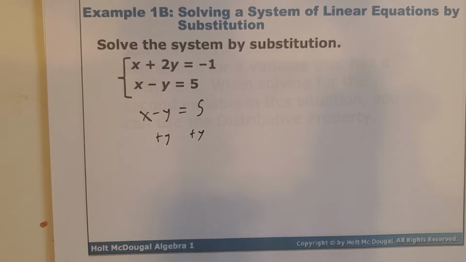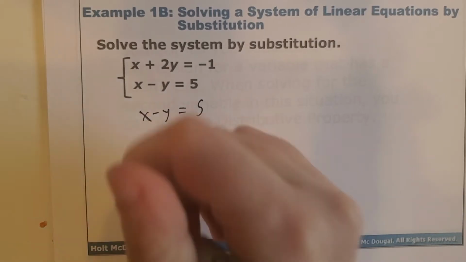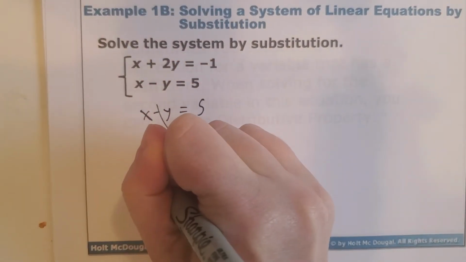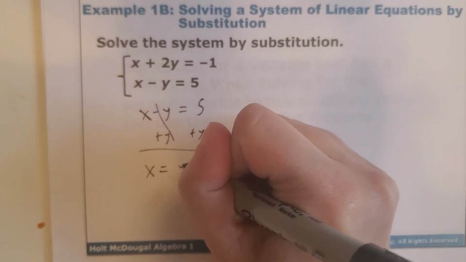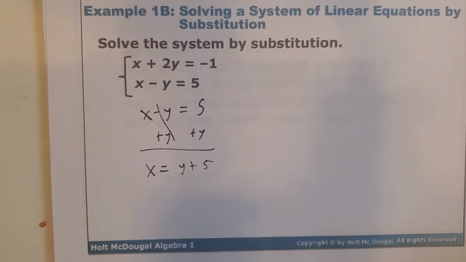The reason I picked that is because that's going to get us x alone, and it's also going to get us y plus 5. You wouldn't be able to combine any of those because they're not like terms. Everything in here is positive. There's no weird negatives that we would have to worry about. If you're able to notice something like that right away, I would definitely do it.